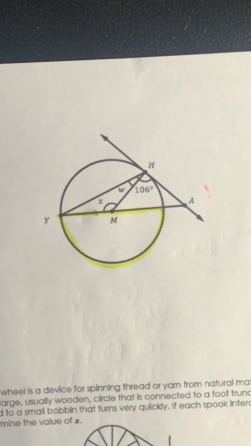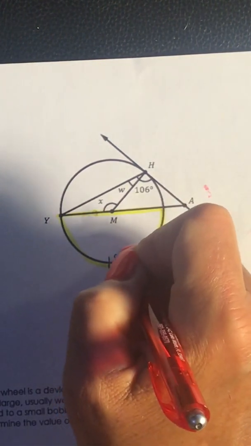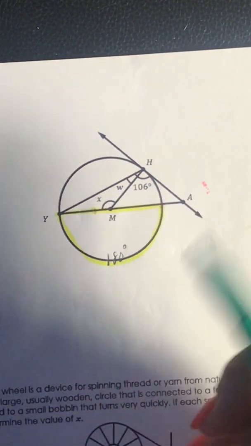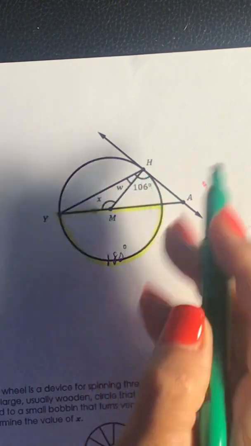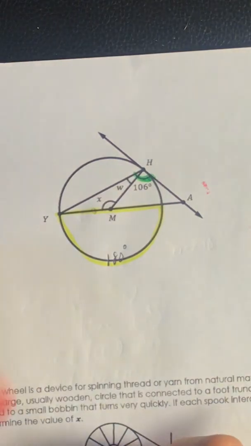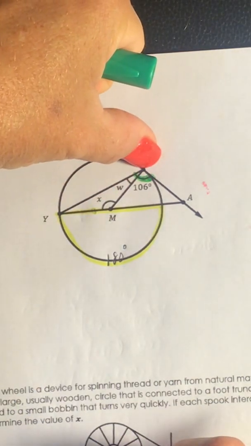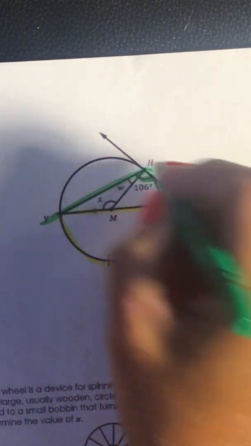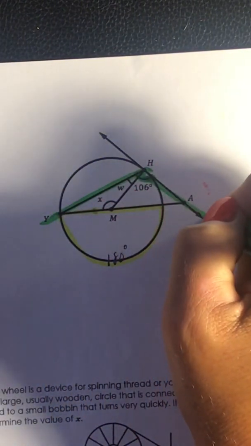Be very, very careful in your homework. This 106 is not this little angle, it's this whole angle, which is inscribed on the circle. And that's this leg and this leg.